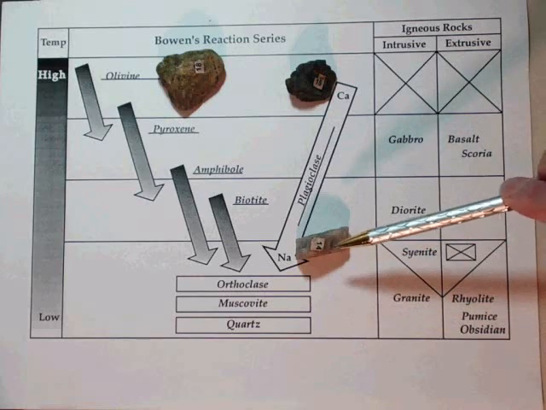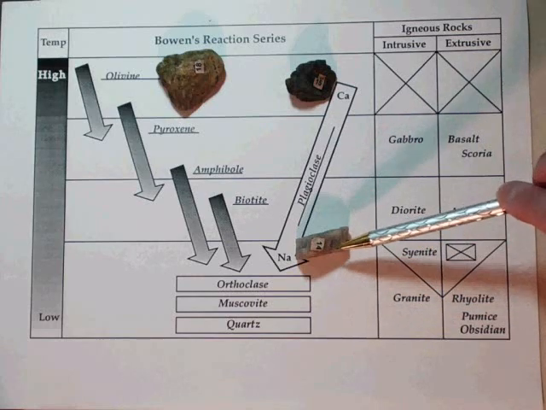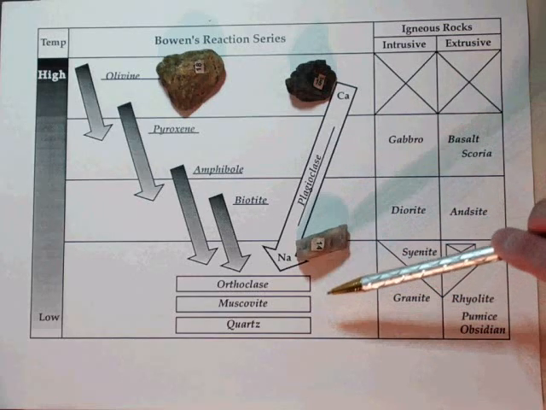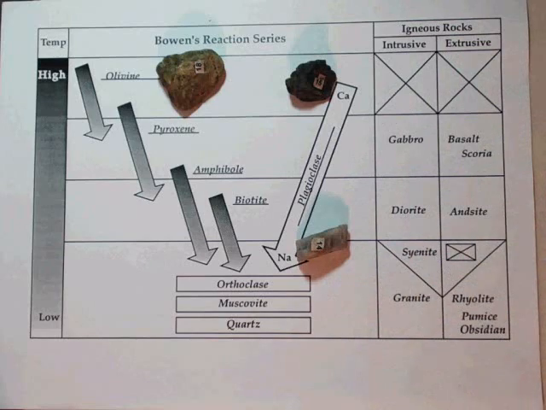So they call that a continuous series. And 100% sodium, Na, sodium plagioclase would be this specimen down here. As that temperature is dropping, we get the sodium-rich plagioclase feldspar, so varying ratios in between.